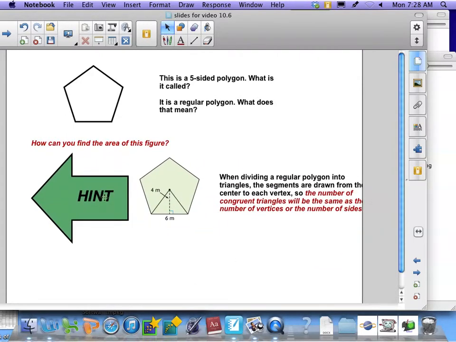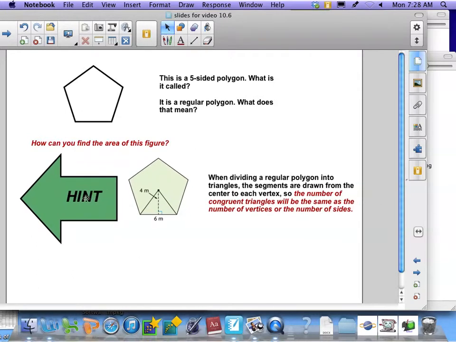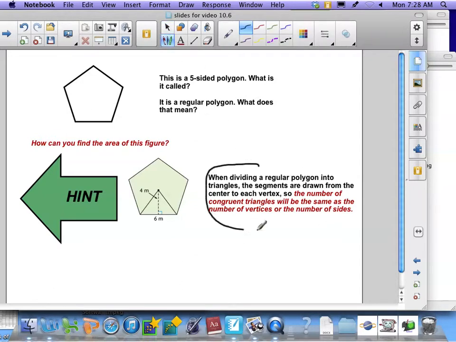Okay, if you look at this pentagon, we can divide it into triangles. Now, when you're dividing a regular polygon into triangles, the segments are drawn from the center to the vertex. Okay, that's where the lines come together. So you start at the center, you can see the first one's done.